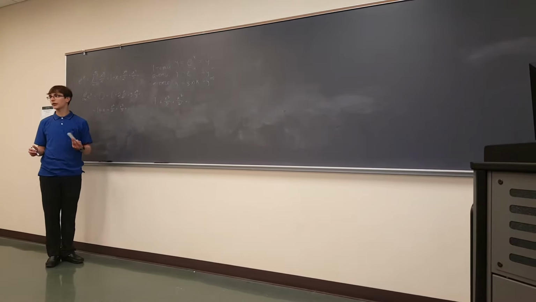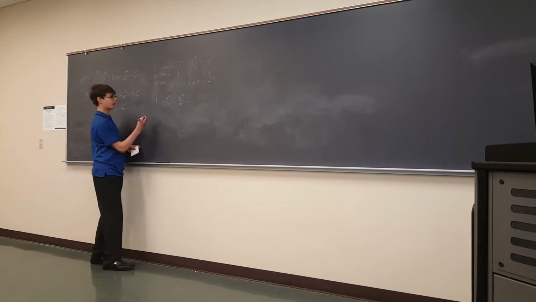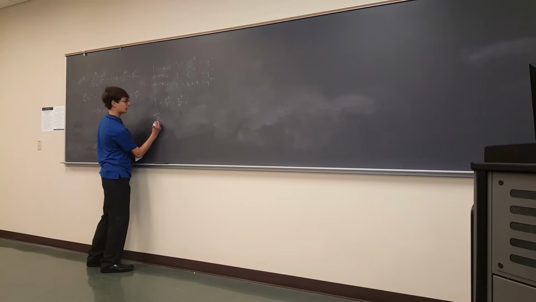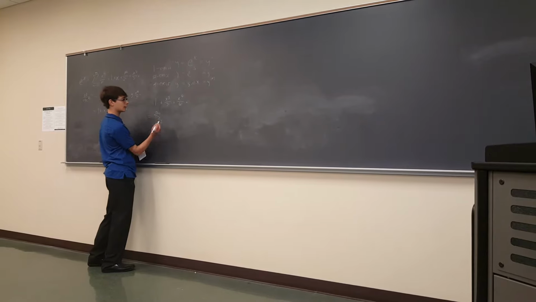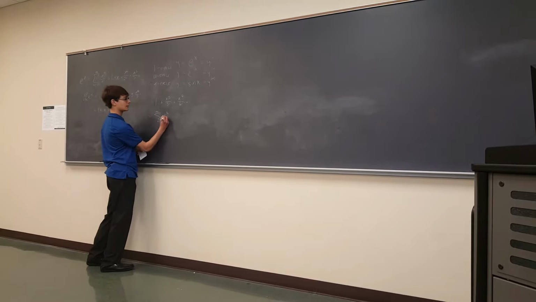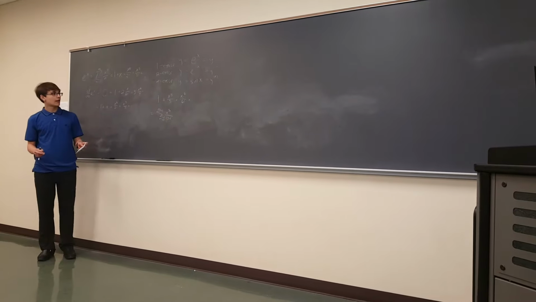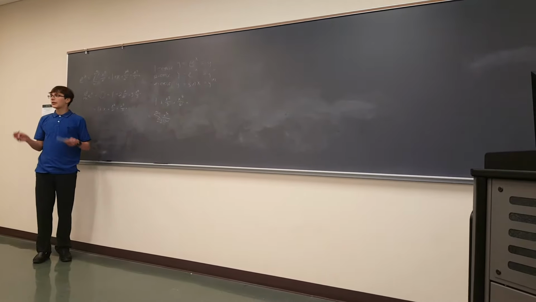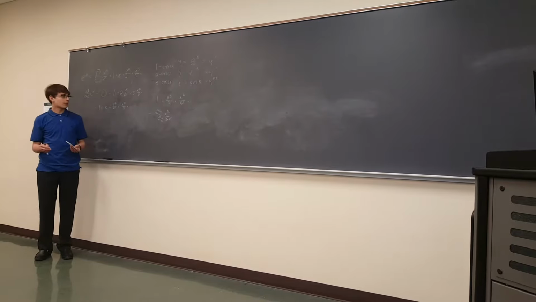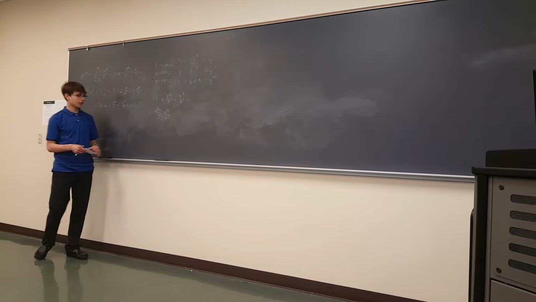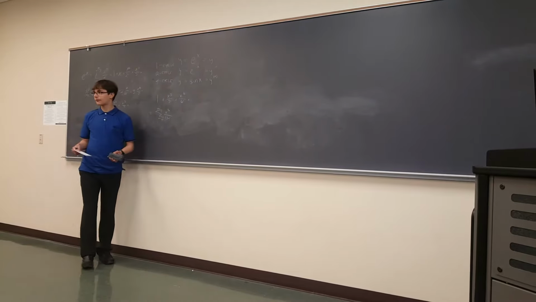And one way to do it, and this is the first way I tried, was I said this is equal to the sum from 0 to infinity of x to the 3n over 3n factorial. But I couldn't really find any way to manipulate that and get it into a familiar form that I could represent as a closed form. So I had to find something else.